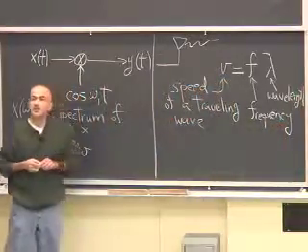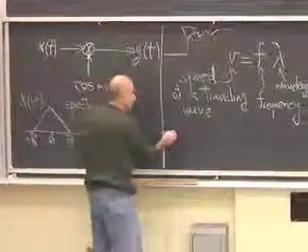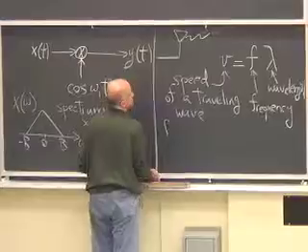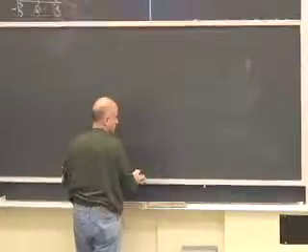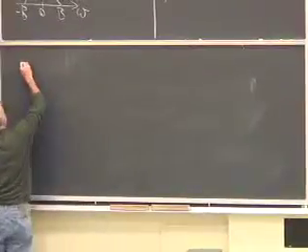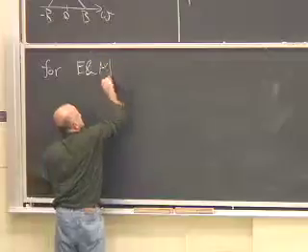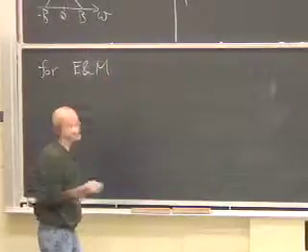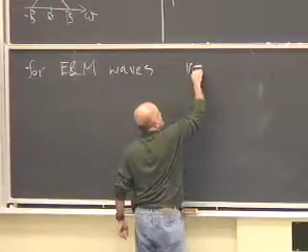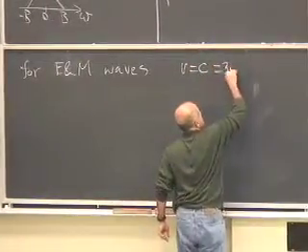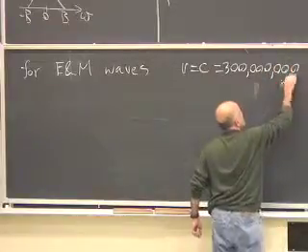Okay? Electromagnetic waves travel at what speed? C. So for electromagnetic waves, that we amorously call E&M waves, V is equal to C, which is 300,000 kilometers per second, which is 300 million meters per second, right?